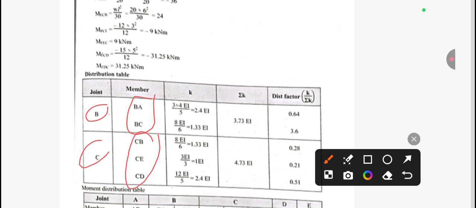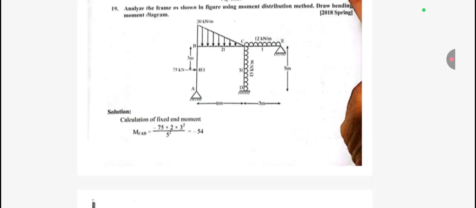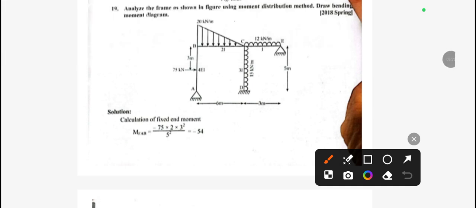Okay, now it's an important topic, calculation of K. So this will be very important. If you look in this given frame, from B to A, this is a hinge support. As we know, for hinge support, the value of distribution factor we should take as 1. And whenever the hinge support is free, then we should take the value of distribution factor as 0.